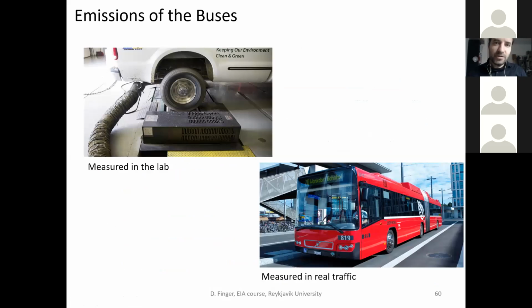Because the emissions were of major concern, in that air quality was frequently exceeding the legal standards, we took two buses, a solo bus and a bendy bus, into the lab, and put them onto an emission standard test driving system.